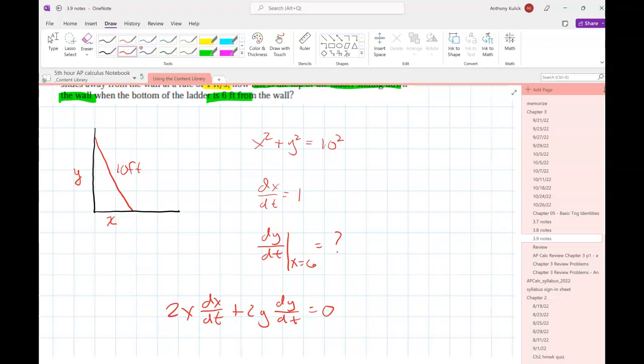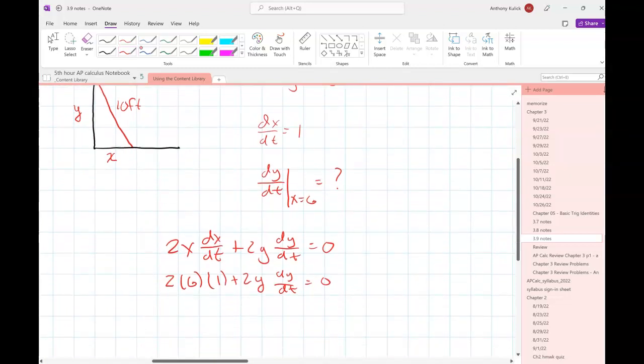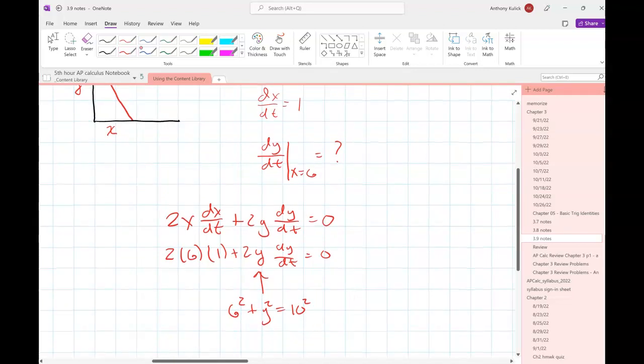If I evaluate this when x is equal to 6, what's my problem here? Don't know what y is, but sure I do. How would I find y? Just the Pythagorean theorem.